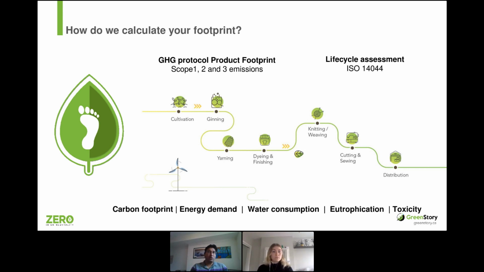So it's not just about carbon emission reduction, but you need to look at: are you using the right energy? Are you reducing your water consumption? Are you reducing your eutrophication impact, toxicity, all of those things? And that's why we decided to keep going with the life cycle assessment, where we can help companies not only reduce the carbon but also the overall environmental impact.